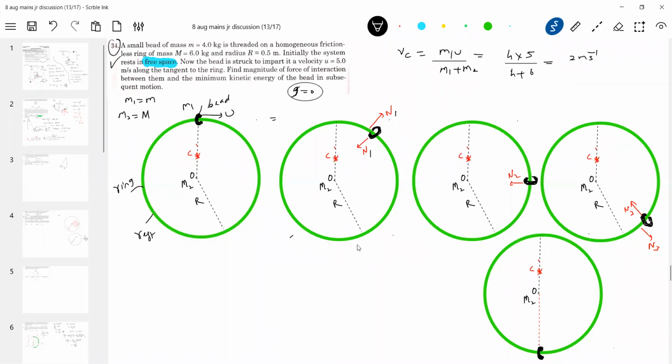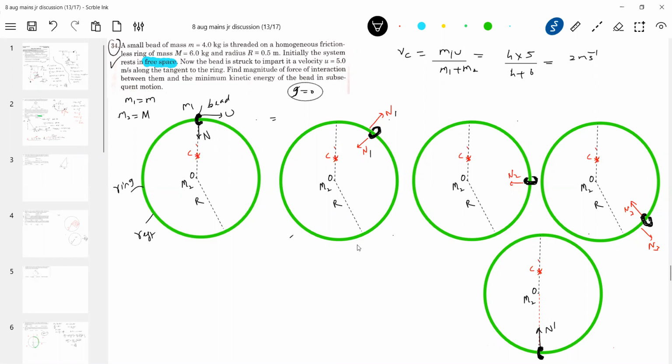The normal contact force will be acting in this direction here. So take this N dash. As it is given, the normal contact on the bead should act in what direction in this position? On the bead, it should be in this direction. On the ring, it will be vertically up. So here it will be like this.